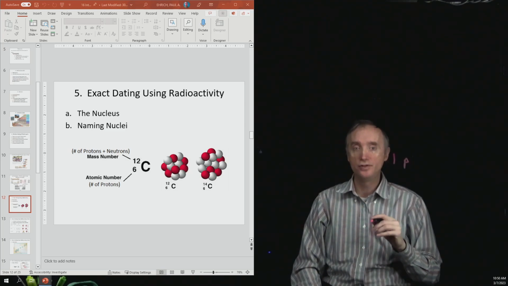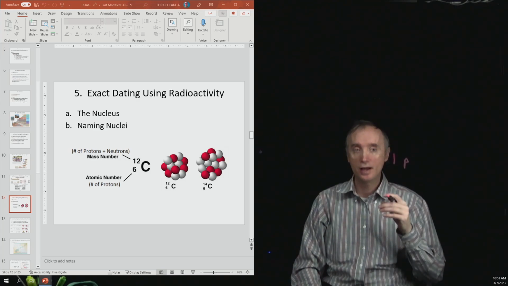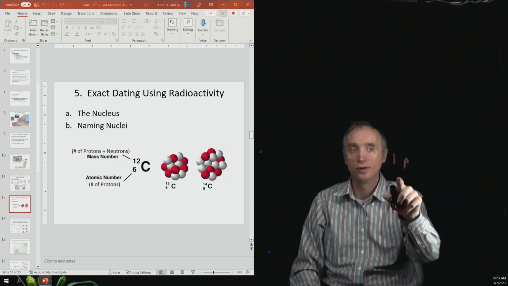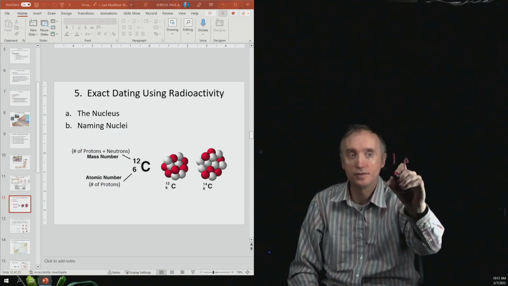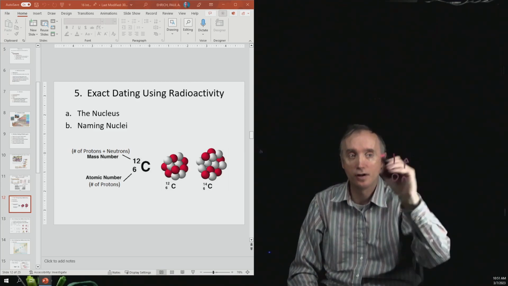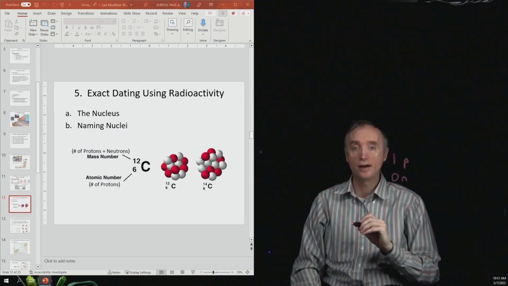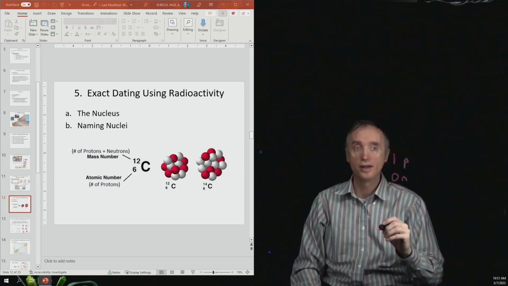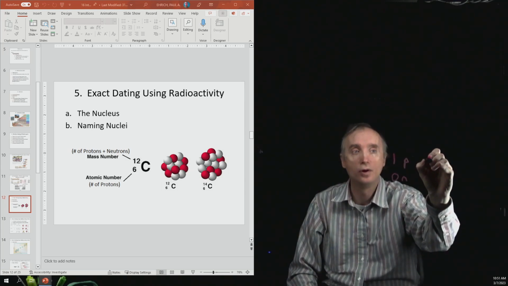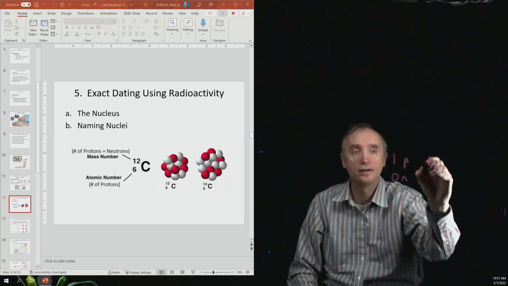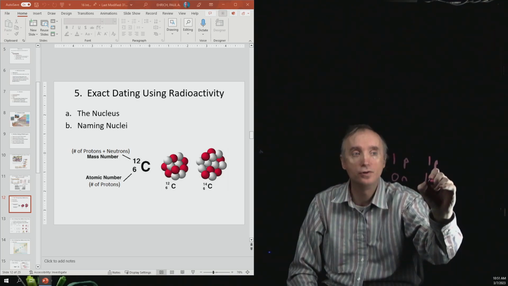However, you could have different isotopes of hydrogen. You could have hydrogen that would have one proton and 0 neutrons in its nucleus. You could also have hydrogen that consists of one proton and one neutron.